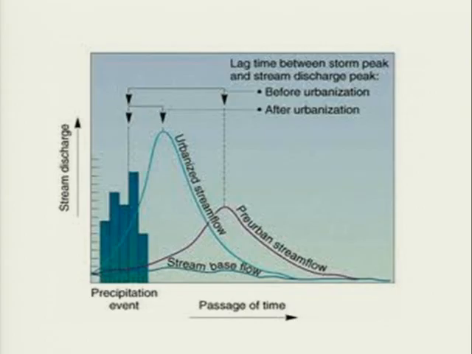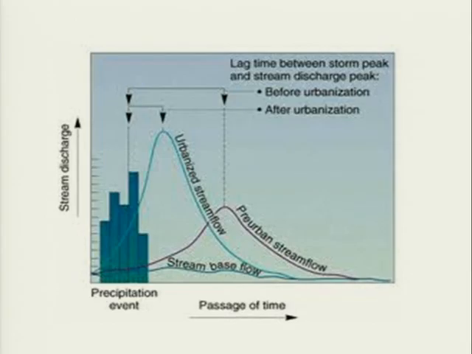Now let's look at the falling limb. The falling limb, we said, indicates how fast the water that has caused the flood runs off or disappears. Look at the urbanized area. Can you guys see? It's very steep, whereas the rural area's one is more gradual. Reasons for that. When it starts raining and it causes flash floods in the urban area, it will go into flooding very quickly.